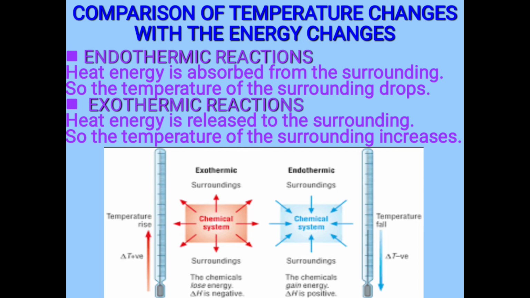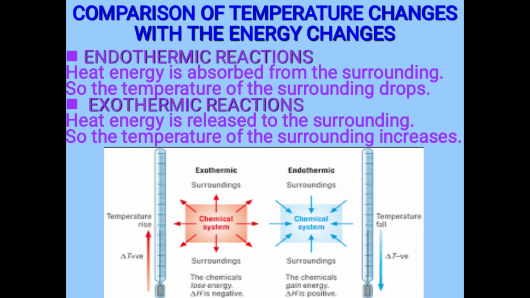So if heat energy is withdrawn from the surrounding, is removed from the surrounding, or absorbed from the surrounding, we expect the surrounding to be reducing in its temperature. So in this case, where there is an endothermic reaction, the surrounding is going to lose heat, and in so doing, the temperature of the surrounding will also drop, or it will reduce.